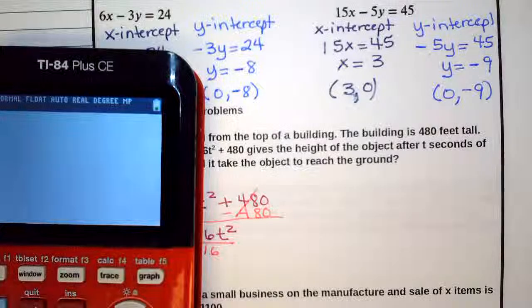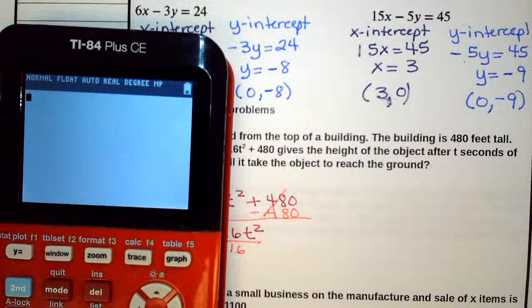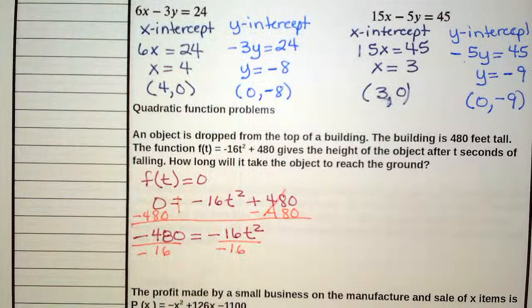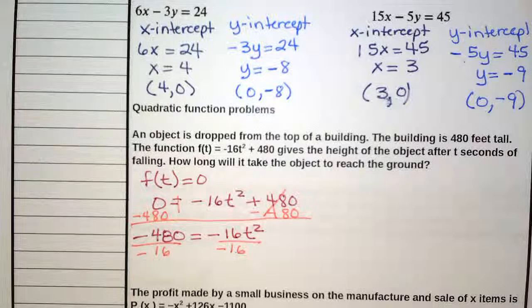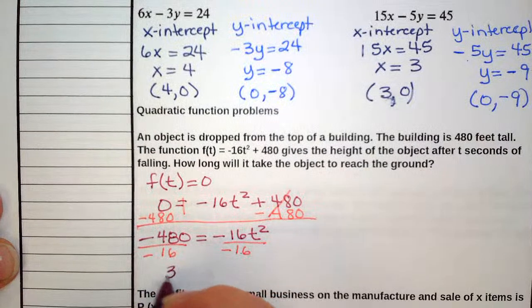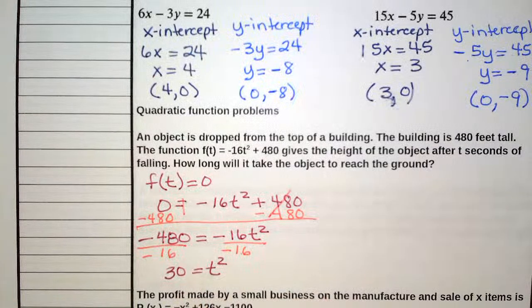I still need to know what 480 divided by 16 is, and it is 30. 30 is equal to t squared. What's the opposite of squaring?